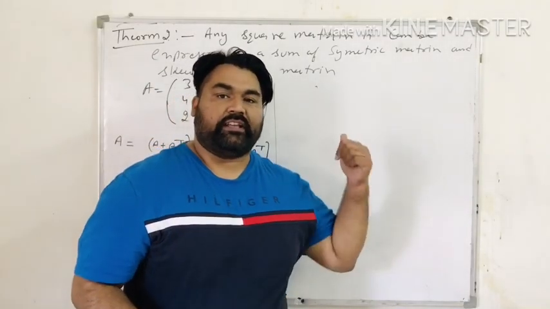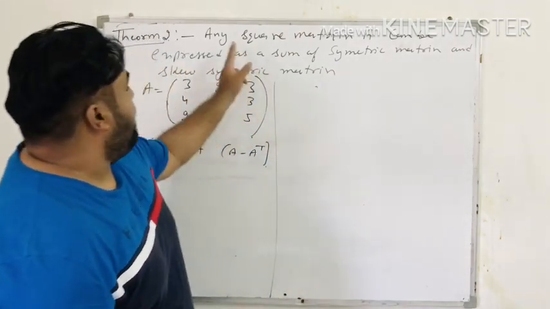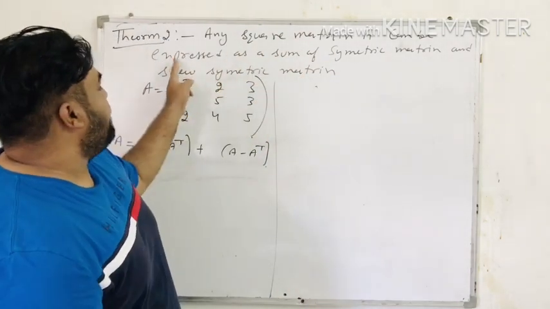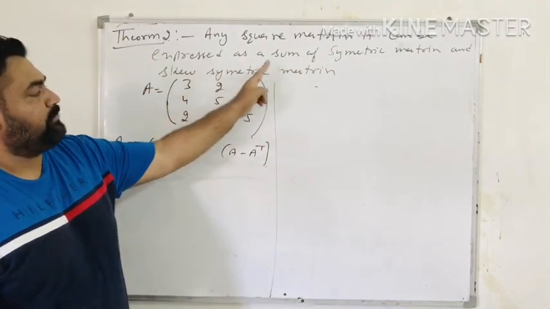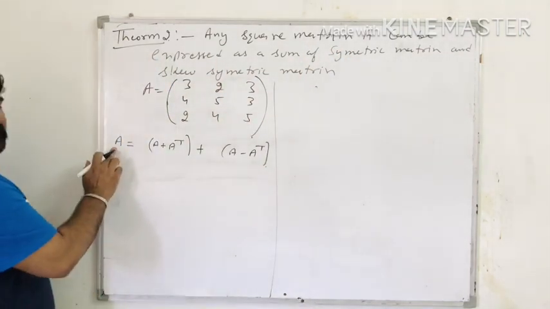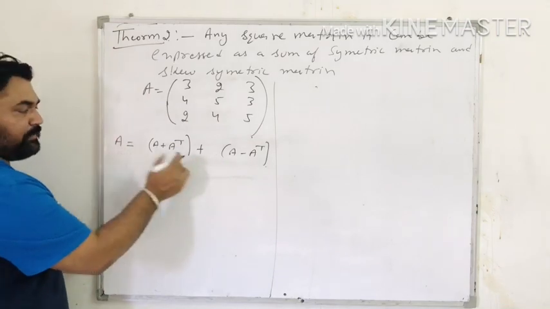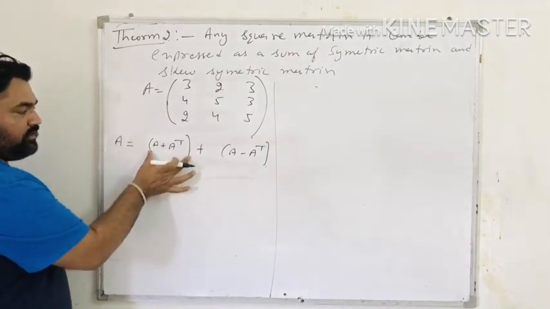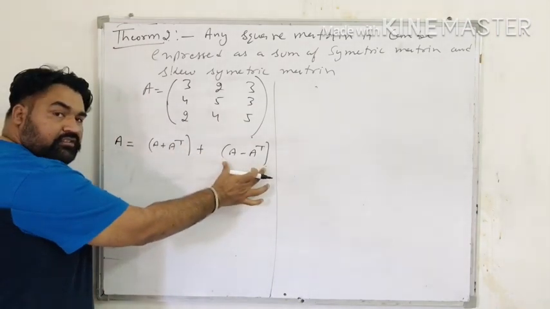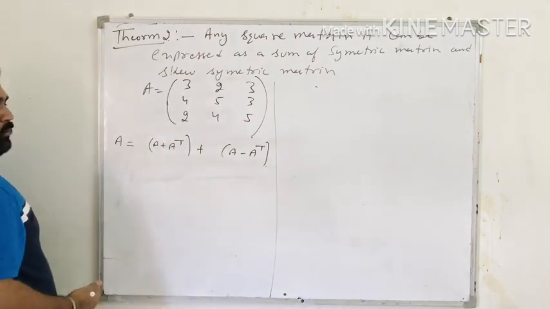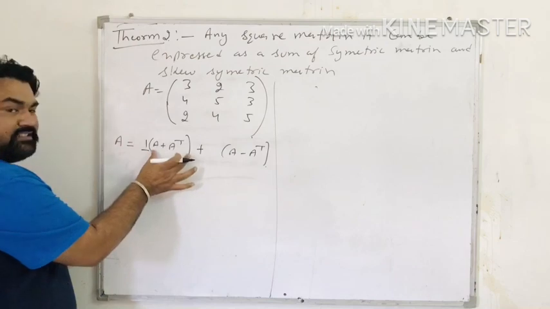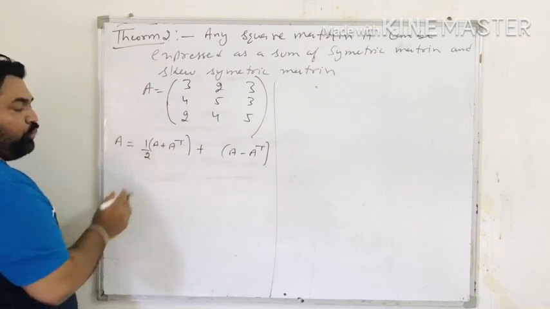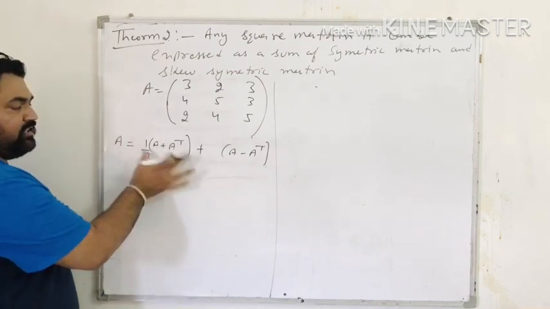Now we shift to the second theorem. Theorem second states that every square matrix A can be expressed as a sum of a symmetric matrix and a skew symmetric matrix. Now, if we divide this symmetric matrix by 2, this remains the same.